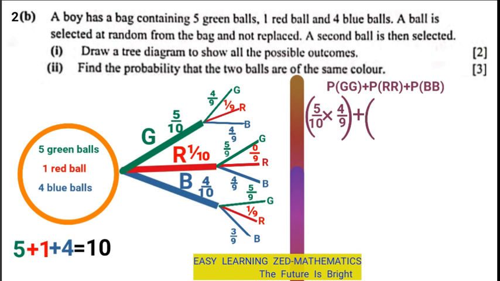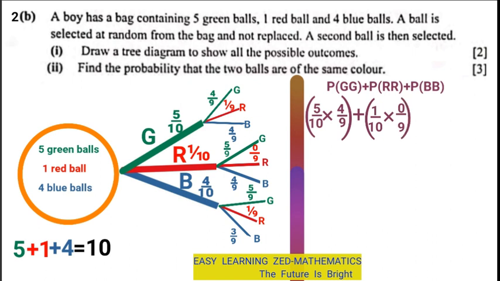Now we come to red. What's the first probability of picking a red ball? It is 1 over 10. Then multiply by the probability of picking a red ball when a red ball has been picked, which is 0 over 9. Close bracket, plus, open bracket.